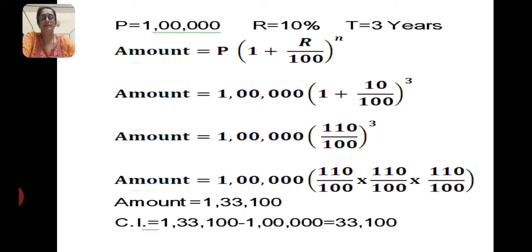You have to multiply it 3 times. That gives you 1,33,100. Now this is the amount. If you have to find out how much interest is paid, it is 1,33,100 minus principal, that is 1 lakh. So 33,100 was the compound interest paid for 3 years at the rate of 10%.